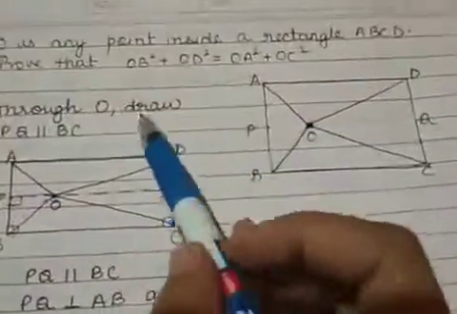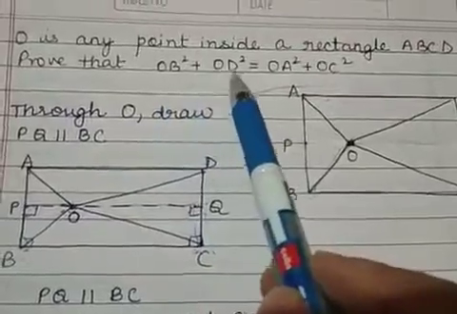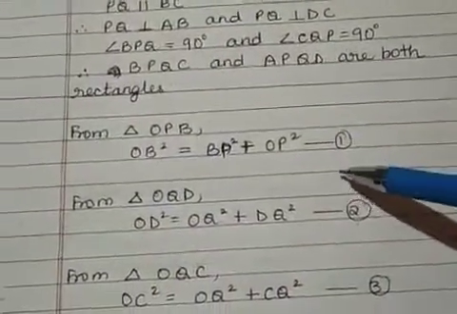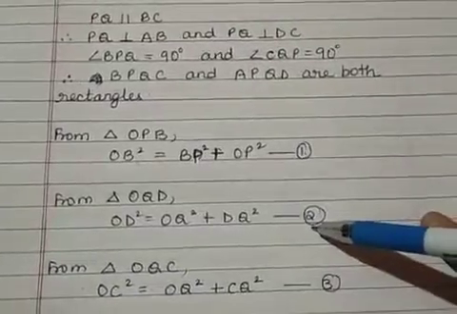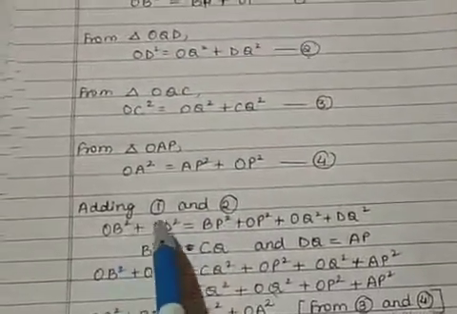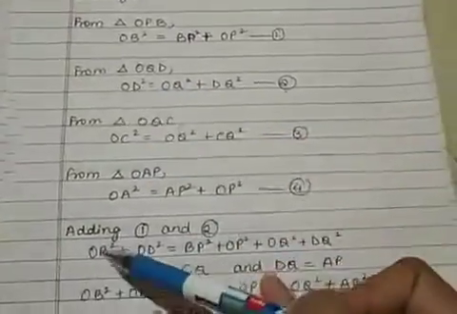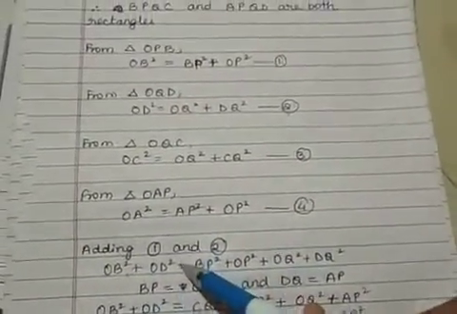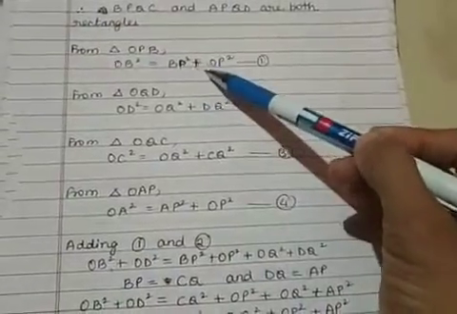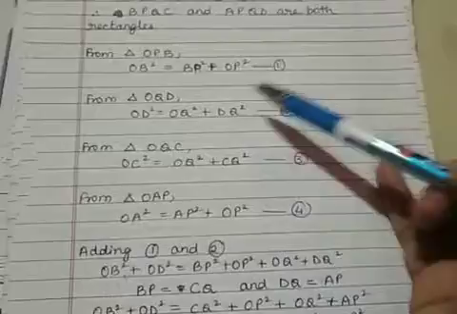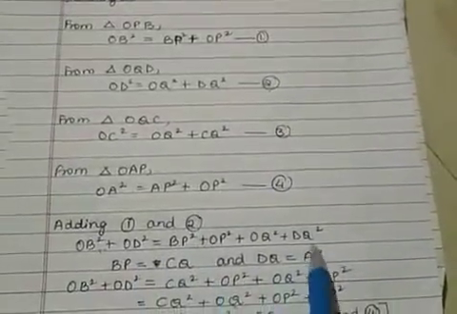Now in the left hand side, we need OB square plus OD square. So we have to add equation 1 and 2. So adding 1 and 2, we get OB square plus OD square in the left hand side equal to BP square plus OP square plus OQ square plus DQ square. So this is what we get.